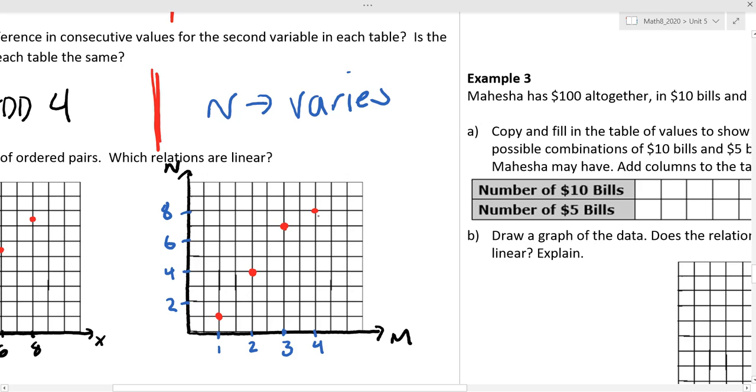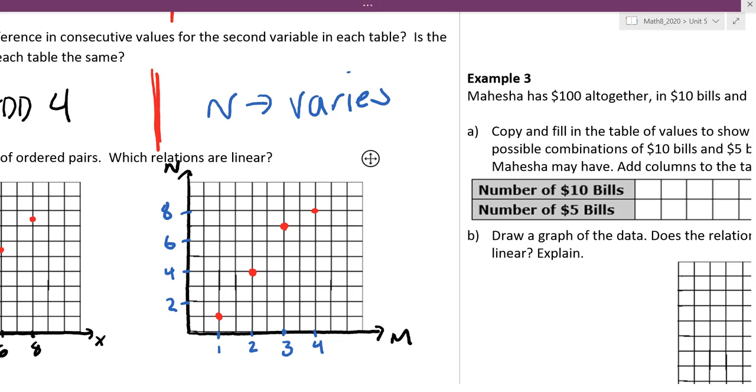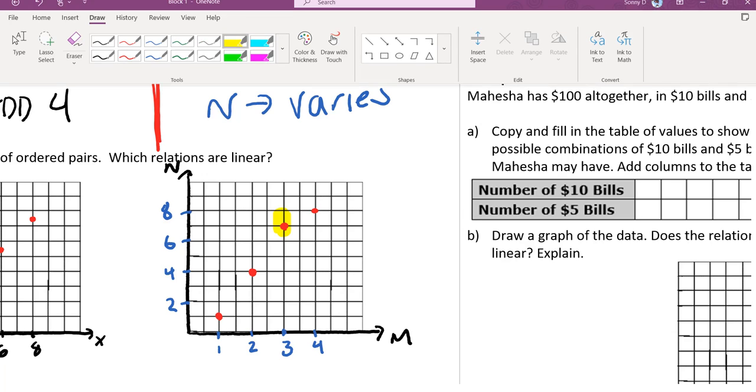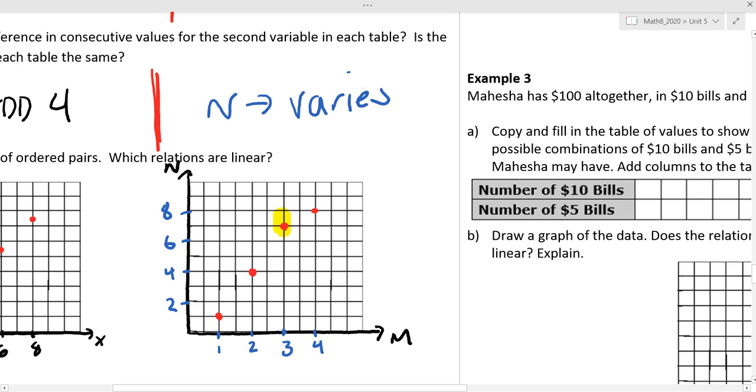Right? Now if you look at this, this point here is off a little bit, right? It doesn't fall on the line.